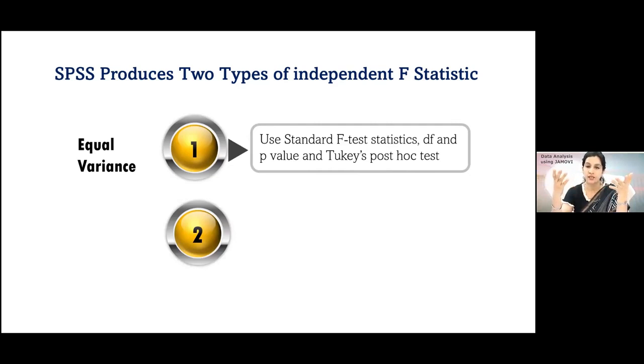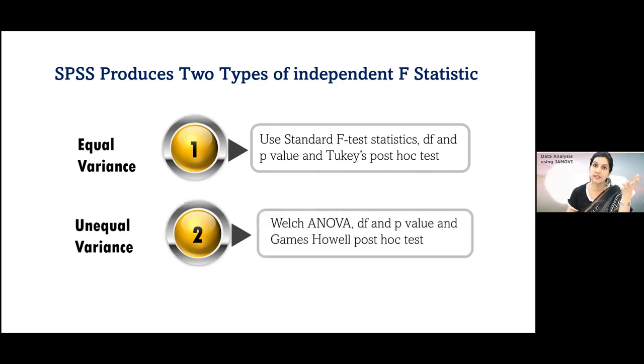That's why the type of test which we have to apply matters, because there are various post hoc tests. If the homogeneity of variance is met, then we apply Tukey's post hoc test. If the homogeneity of variance is not met, then we take the Welch ANOVA, like we used to take the Welch t. Similarly, you have to take Welch ANOVA, and the type of post hoc which we have to click is the Games-Howell post hoc test.